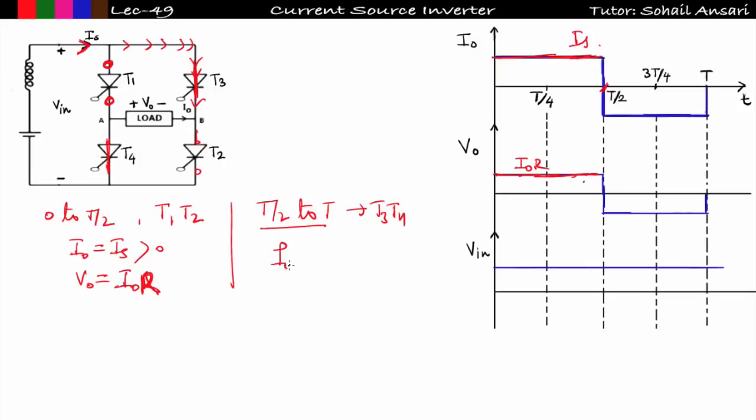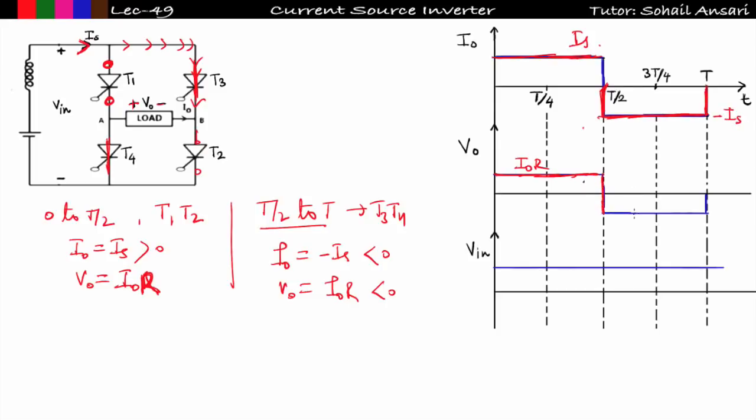So definitely I0 will be equal to minus Is, because the direction of I0 I have assumed is from A to B, but Is is flowing from B to A. So I0 will be equal to minus of Is, that is less than 0, and V0 I have assumed from plus to minus, and the actual direction of current is flowing from B to A. That means it is also less than 0, equal to I0 into R, that is also less than 0. So from T by 2 to T you can see that I0 is equal to minus of Is. I have plotted in the first waveform whose peak value is minus of Is.